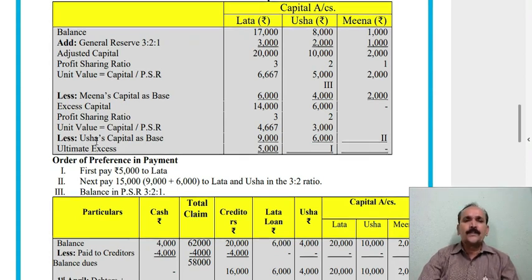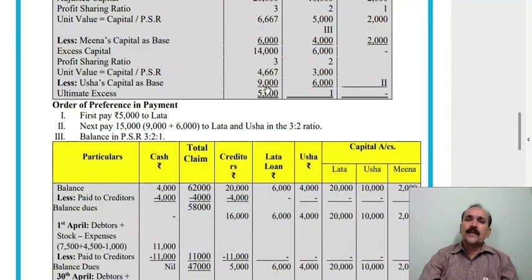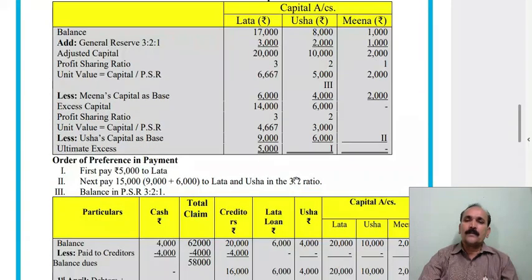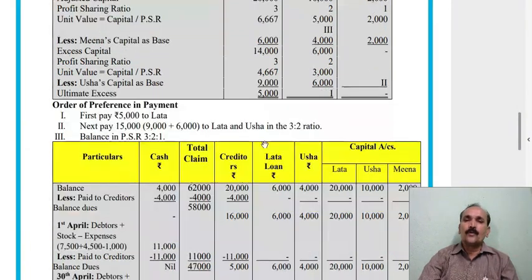As per the base of Usha's capital, 3,000 multiply 3, 9,000 for Lata; 3,000 multiply 2, 6,000 for Usha. 14,000 minus 9,000, excess capital balance 5,000 for Lata. 6,000 minus 6,000, excess capital is nil for Usha.